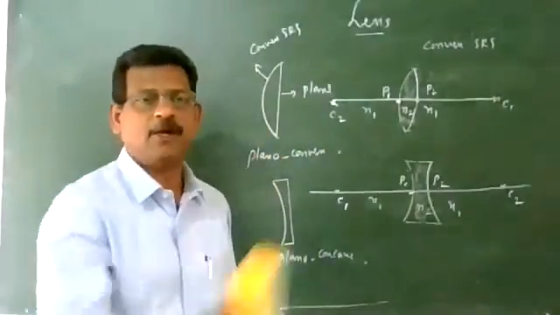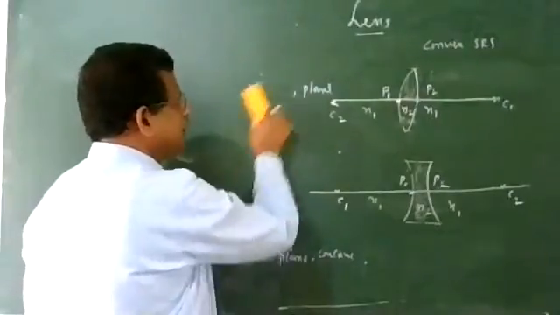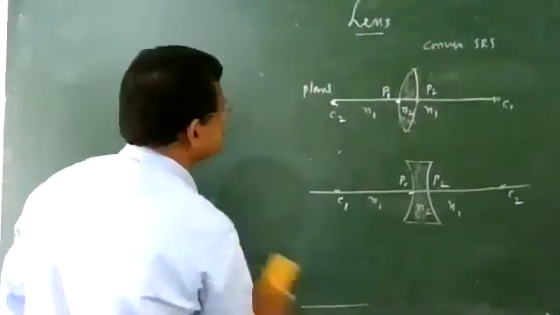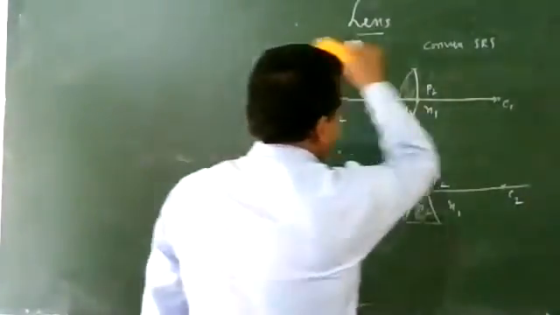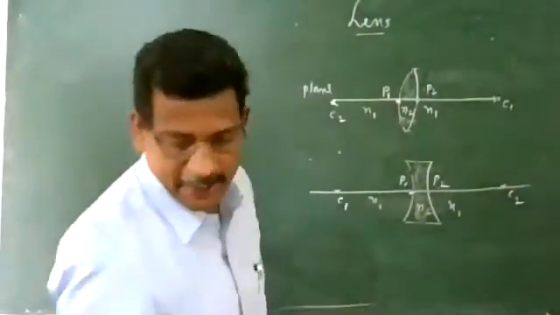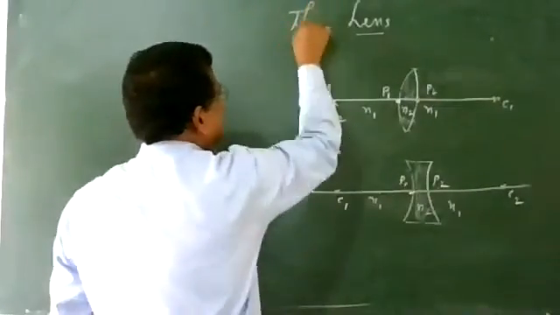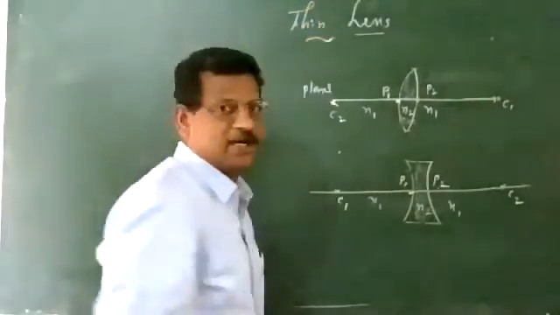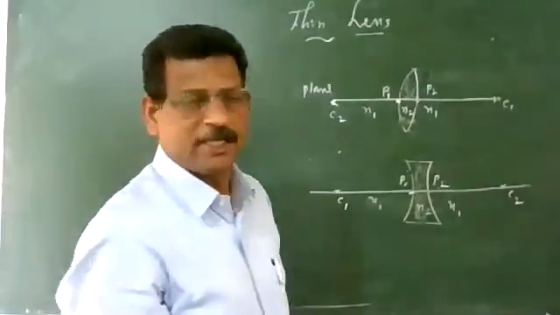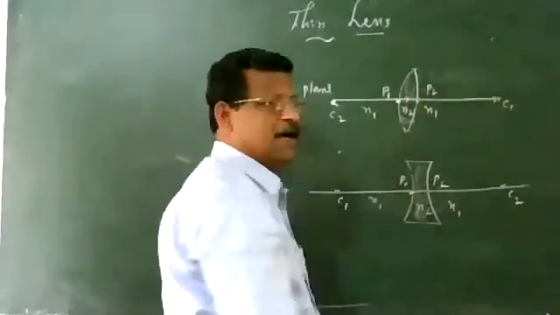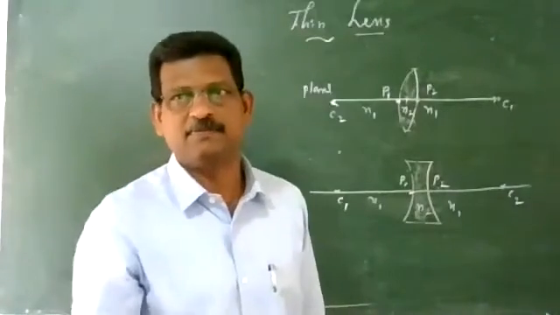Next point, what is the meaning of optical center? Optical center of the lens. If we are taking a thin lens, whether it is a convex or concave thin lens, the optical center lies at the center point of the lens on the principal axis.